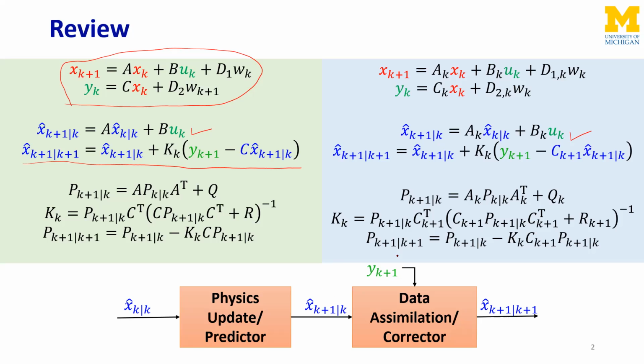By using the measurements y_{k+1} and the gain K_k, which is given by the Kalman filter or the optimal filter, we improve our estimate. The improved estimate is the posterior state estimate, denoted by x hat k+1 given k+1.